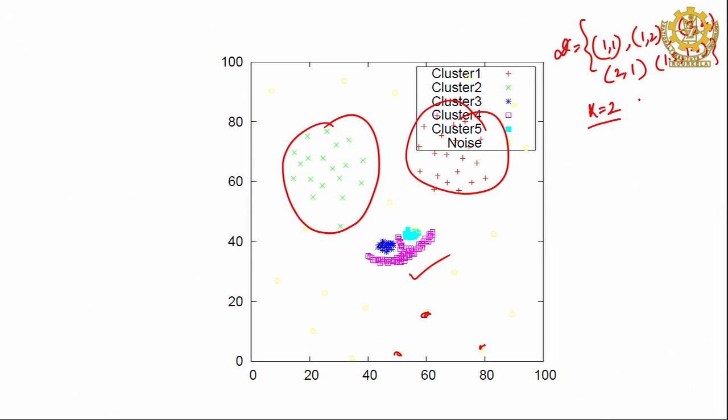For simple calculation, let us take the L2 distance, and apply NBC and DBSCAN.